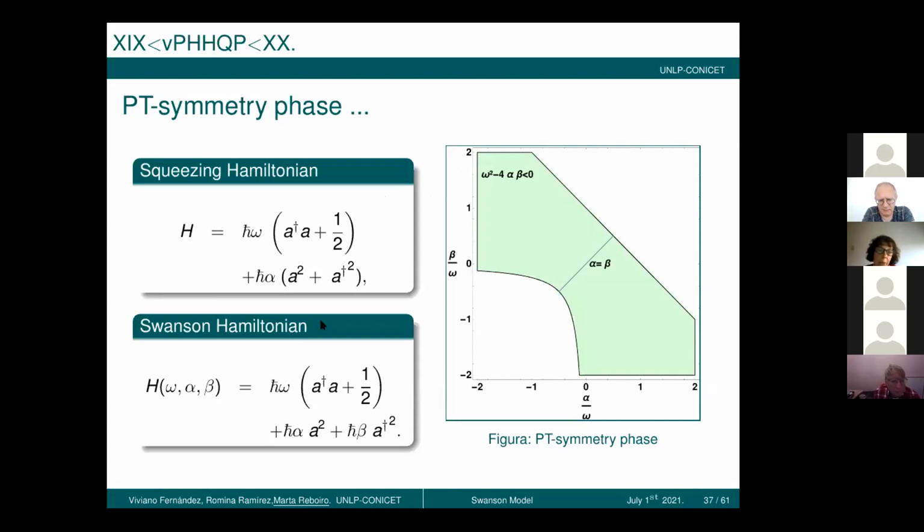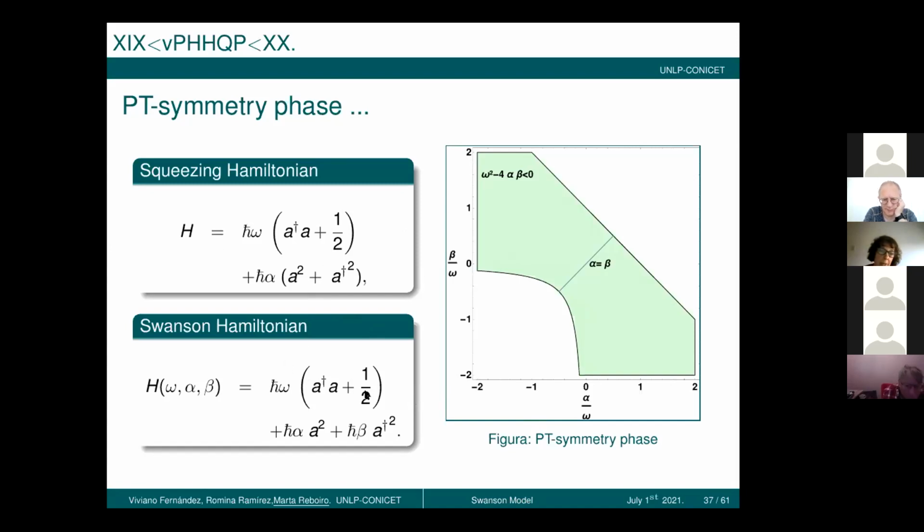So we come again to the Swanson model, and we make a parameter diagram in the parameter space of the model, and we say, well, what do we know and what do we not know?